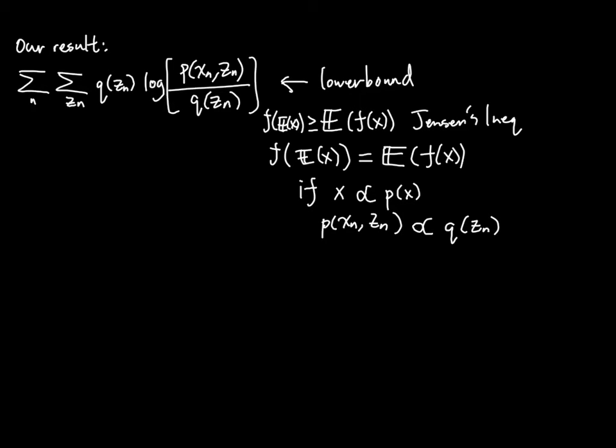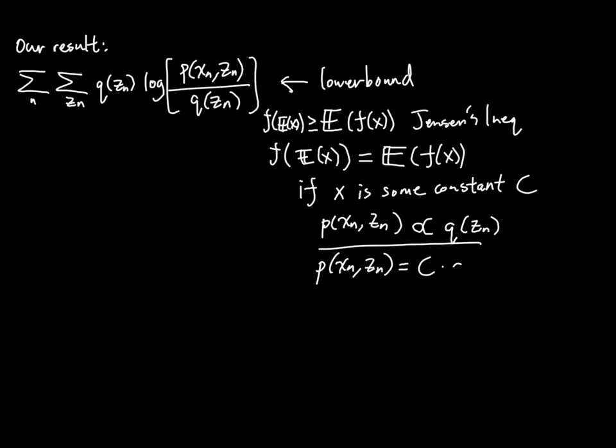Oh, sorry, actually that is not true. If x is a constant, some constant c, then for this statement we can have that it will be equal to c, because if we say that it's proportional, then P of xn, zn is going to be c times Q of zn.